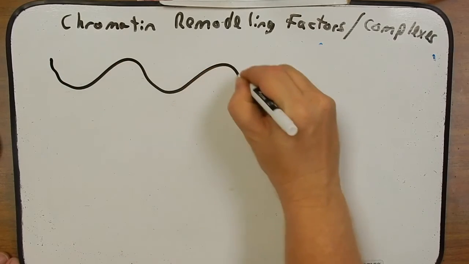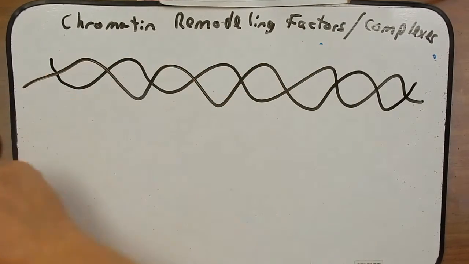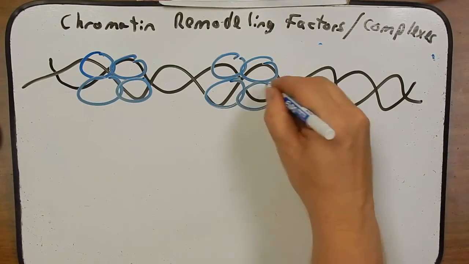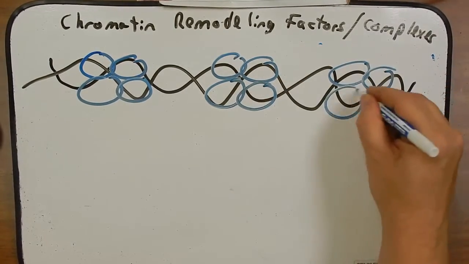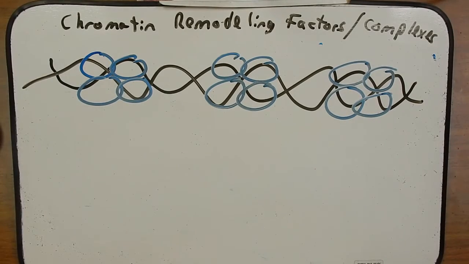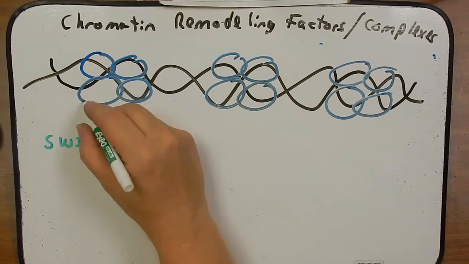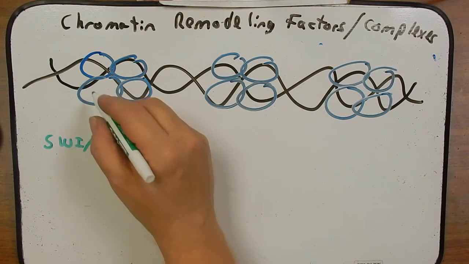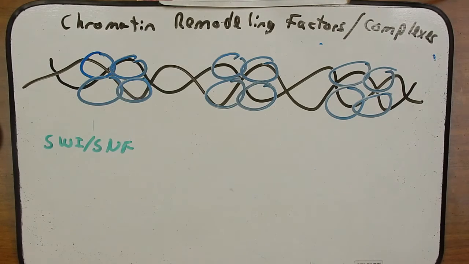Seems like we're always going backwards. Let's draw our lovely model here again with our nucleosome structures, like so. We just explained how SWI/SNF can move these nucleosomes away from the DNA and how it pulls that DNA away from it.